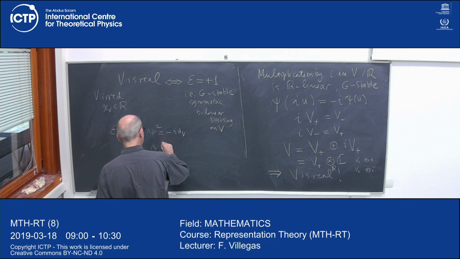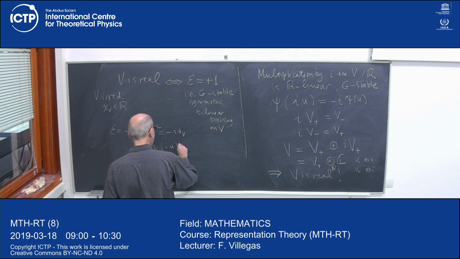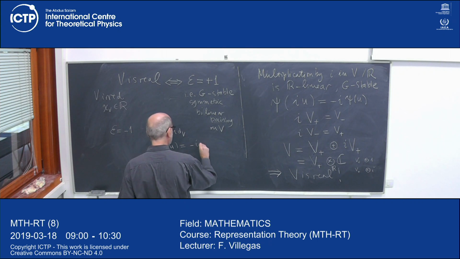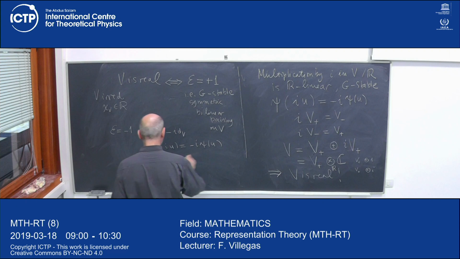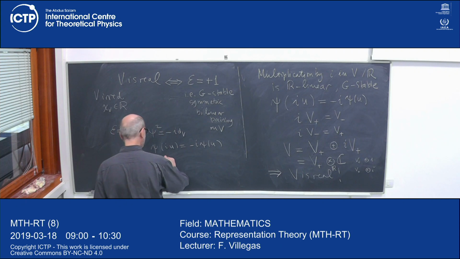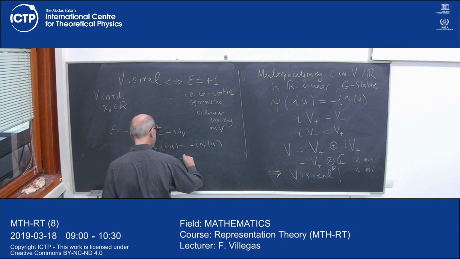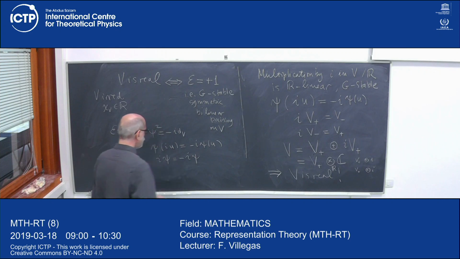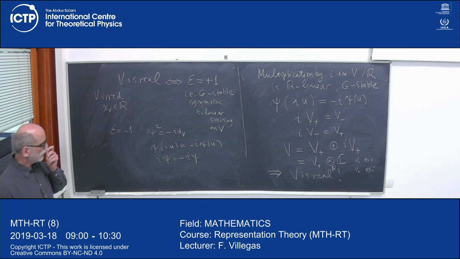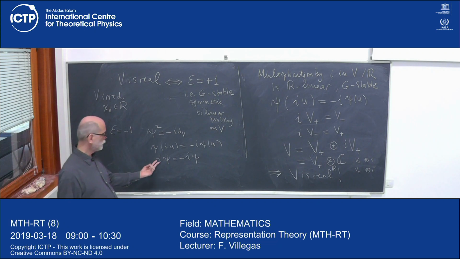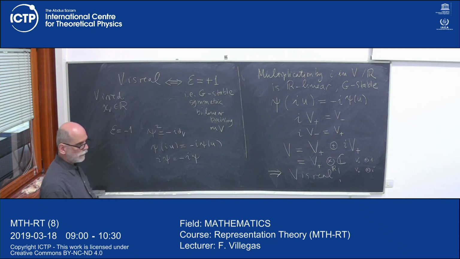Psi of I of u is minus I psi of u. So if we think of multiplication by I as R linear, psi as R linear, we have two maps, I and psi, which are R linear, commute with the action of G, and they anti-commute.